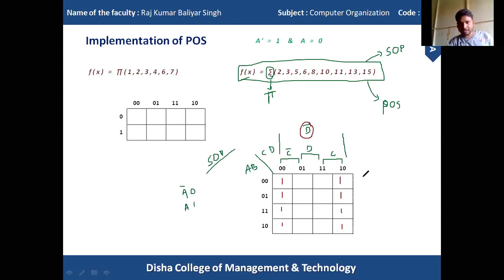Similarly, in the row direction, if I take these two, my common value will be A complement.